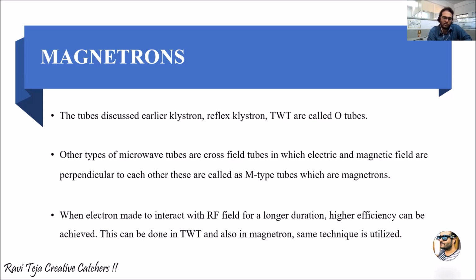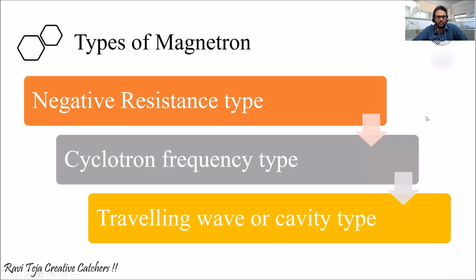We will see the types of magnetrons, and in the further sessions we will consider how the magnetron works and how it operates. The same technique is utilized, where the electrons interact with the RF field for a longer duration for higher efficiency. So we have different types of magnetrons.